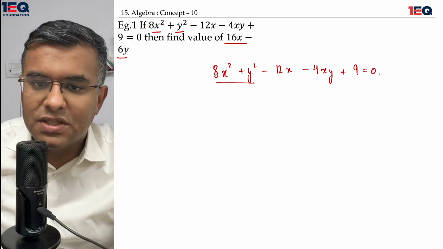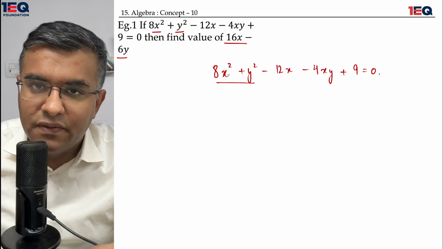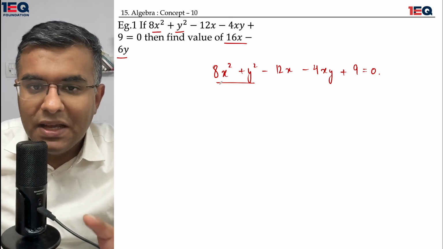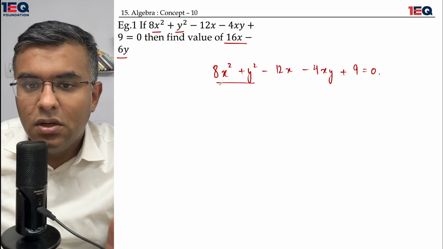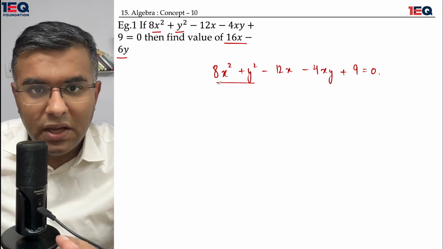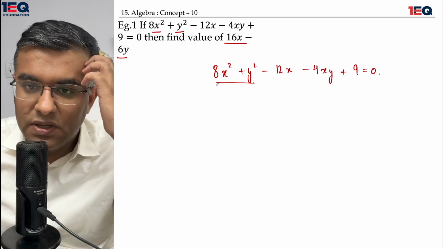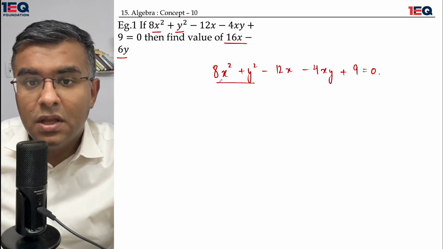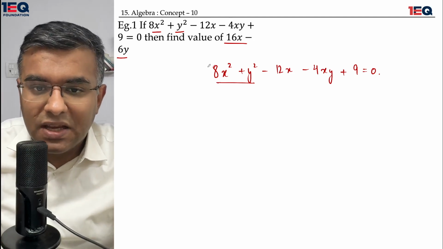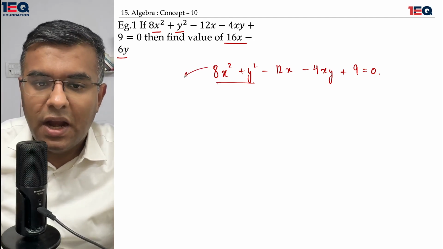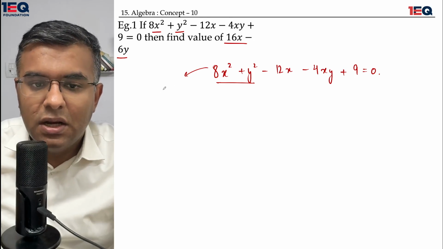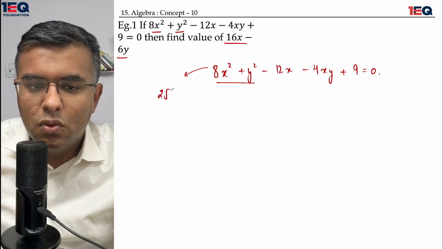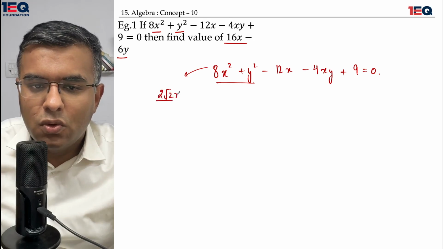Now, in such a situation, I see that the coefficient of x square is equal to 8, and 8 is not a perfect square. So I will have to split down 8 into something which is a perfect square. Why am I doing it? Because 8 is not a perfect square, and if I root down 8, it comes to 2 root 2x.